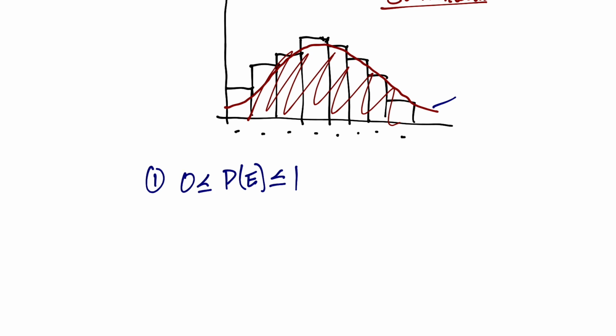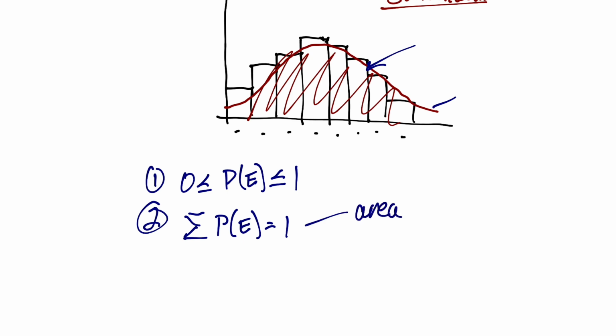We learned that in the beginning of statistics. The other thing to note that makes the area underneath this curve analogous to probability is that the sum of all probabilities will always add up to 1. So that means the area underneath this curve equals 1.